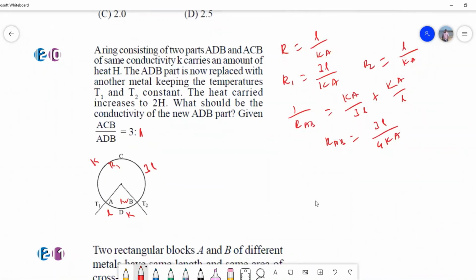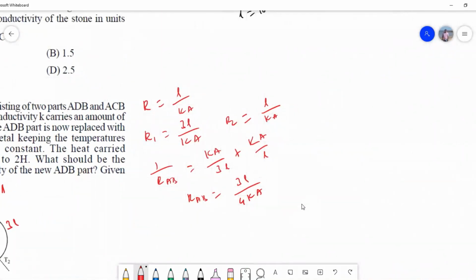Now the second part. It is replaced with another material, so let us take it as some K dash. Again, we need to follow the same procedure here. For the second part, R1 won't change. It is 3L by Ka only, because the metal is the same.